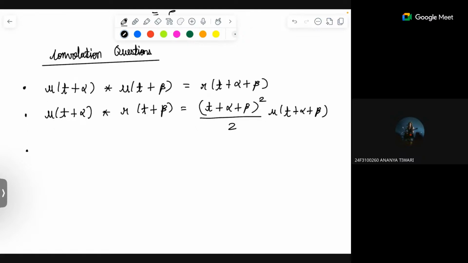Next, x of t plus alpha, where x of t is just any signal shifted by alpha, convolved with delta of t plus beta. Sorry, just a minute, please.